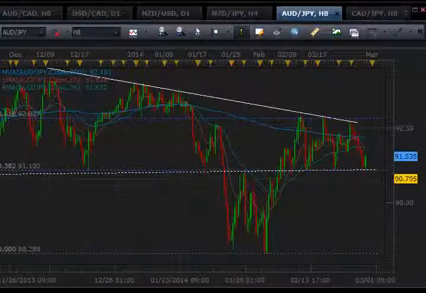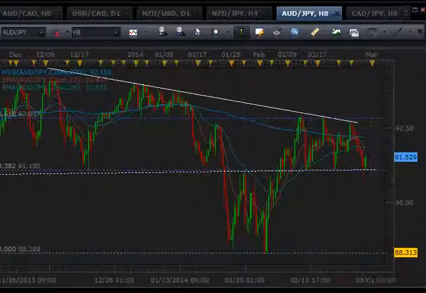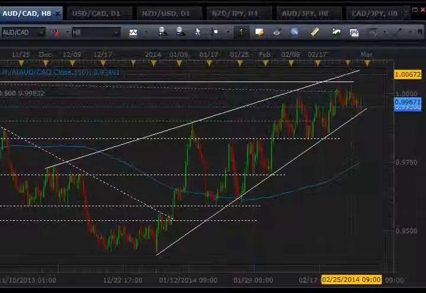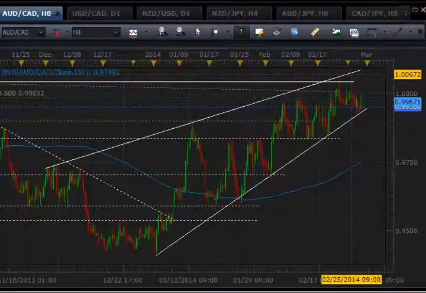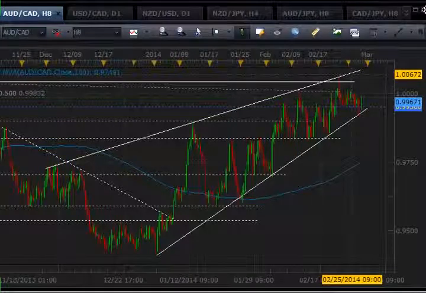Under those circumstances, I would love to stay in my Aussie yen trade, but I would definitely have to unwind any Aussie CAD long that I had. But in CAD yen, that would ultimately look like a position that has not changed.